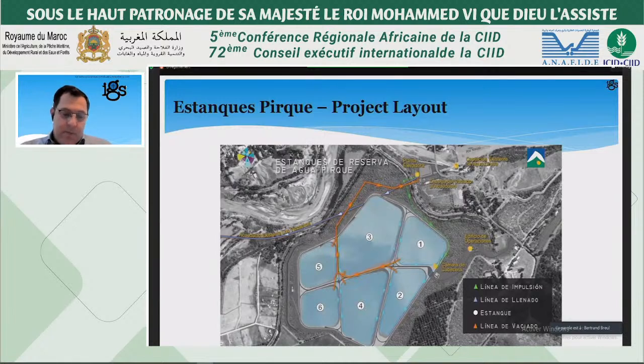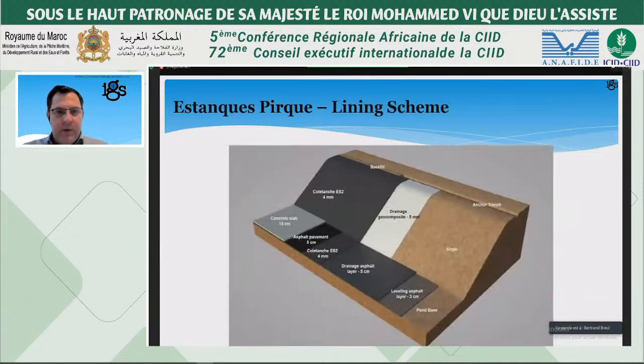So it's about 6 ponds for a total of 34 hectares. The ponds have a total depth of 6 meters, 1 meter of free edge, and slopes are 2.5 horizontal to 1 vertical. This is the typical design of each pond.